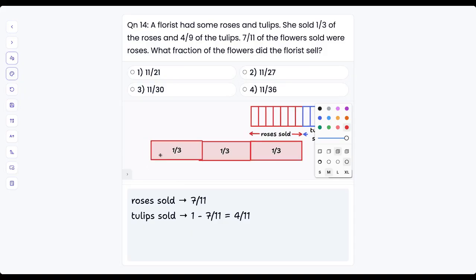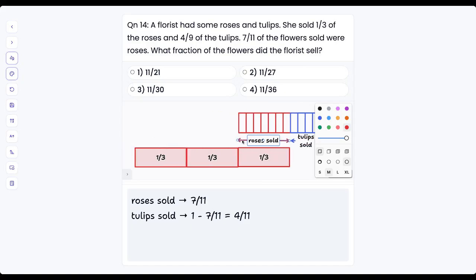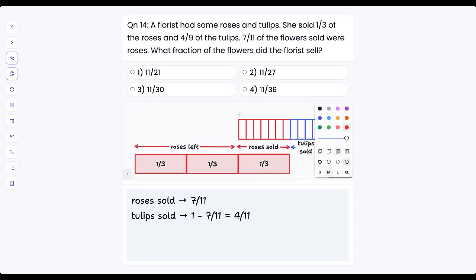These are roses that are not sold, roses left. And we know that one third of this is how many? 7 units. Okay, 7 units, right?